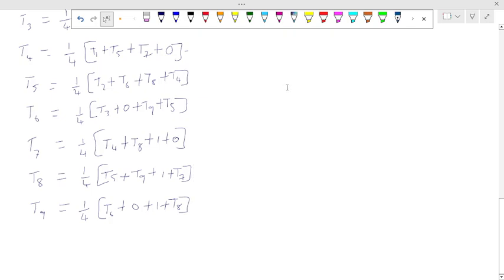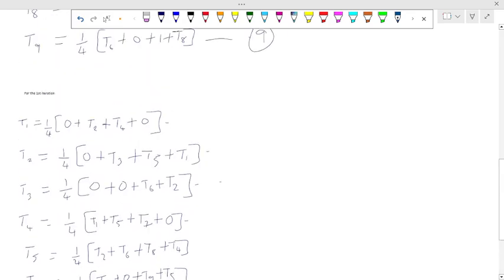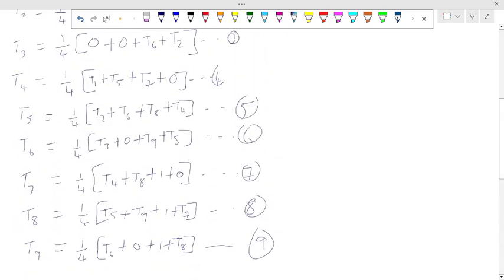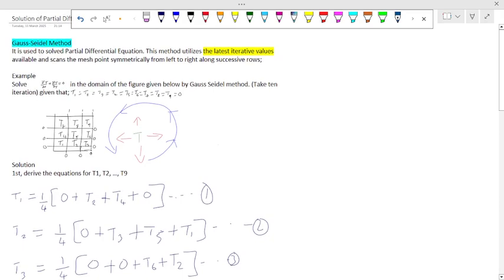Okay, better. Now, recall that T1 to T9 equals 0. This T1 to T9 equals 0 is the latest iterative values. I said I will come back to this and point out important things. I'm doing that now.